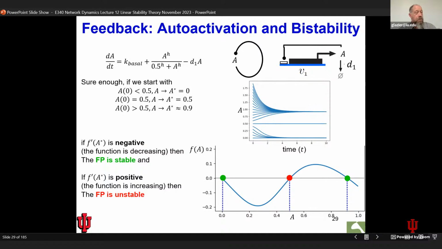Then we plotted the time series for different initial values of A. We saw that if the value of A was a half, it stayed a half. If we started even a little bit above a half, it went up to 0.9. If we started even a little bit below a half, it went down to 0. So that confirmed our stability and the identity of our fixed points.